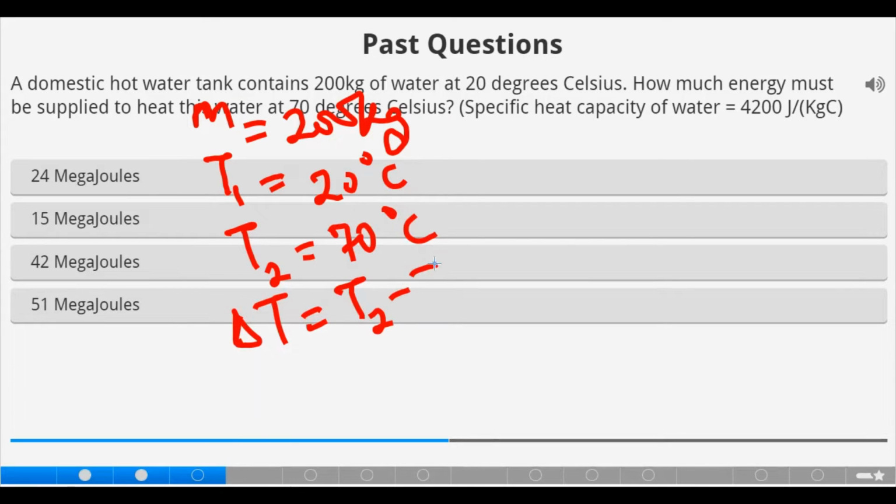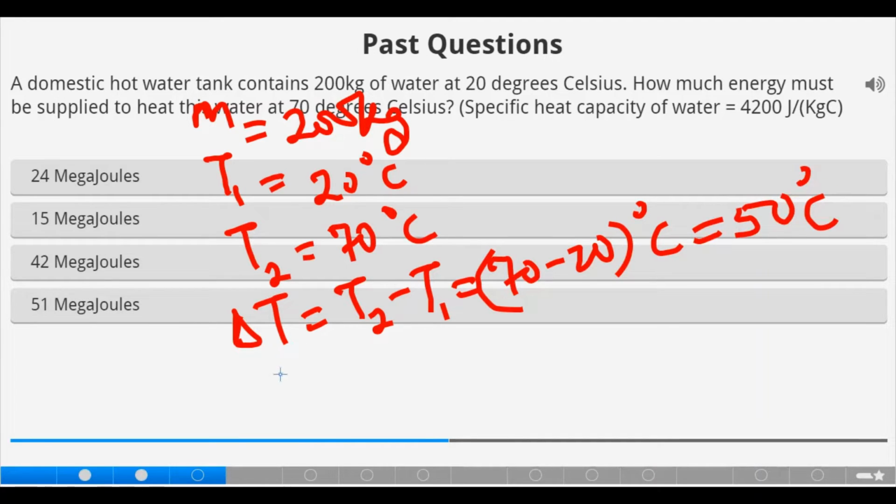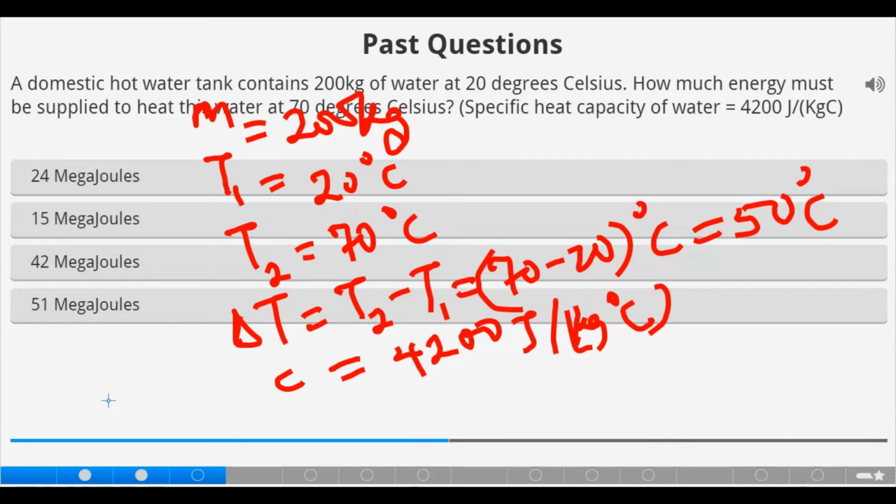That will be T2 minus T1, 70 minus 20, all in degrees Celsius, gives 50 degrees Celsius. Don't forget that c is a constant here, now as 4,200 joule per kilogram per degree Celsius.